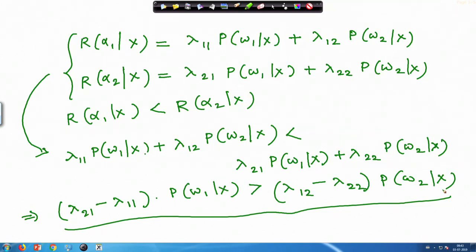So, let me just rewrite this in the form.